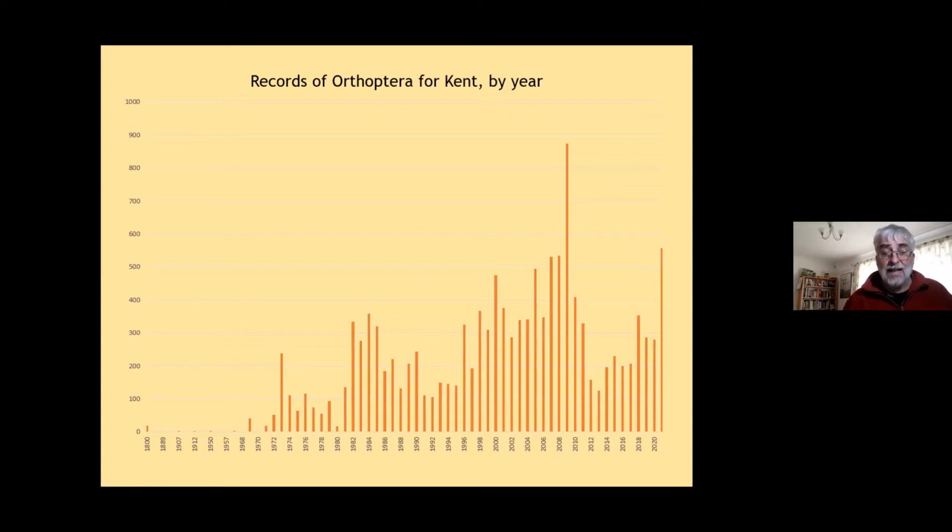Because it goes up and down so much, you can't really do a year-on-year comparison. So I chose to group the data together by decade over the last 50 years up to 2020, to see if that would show any trends in terms of distribution or numbers.